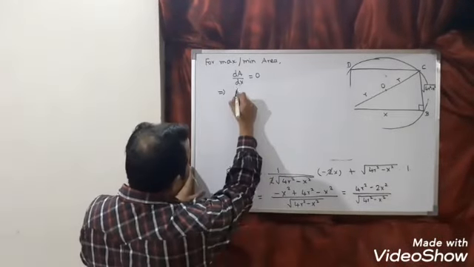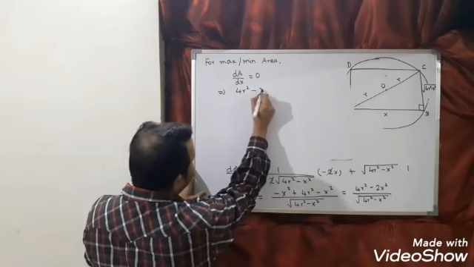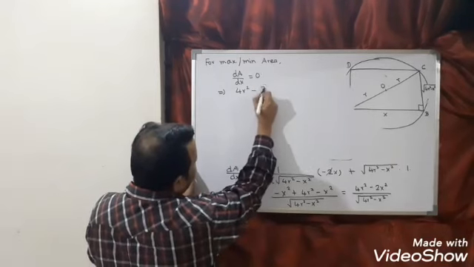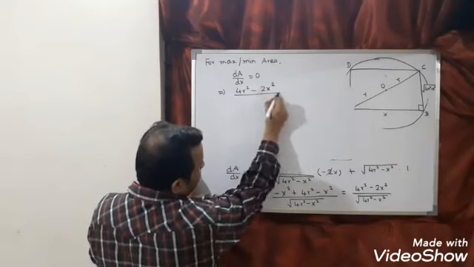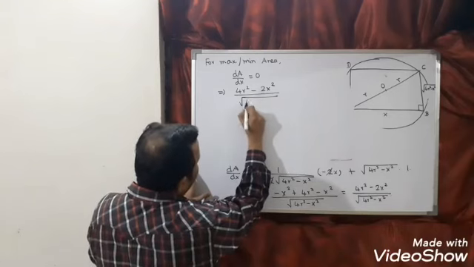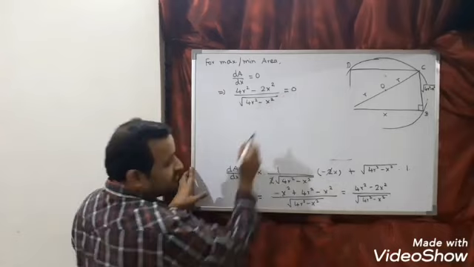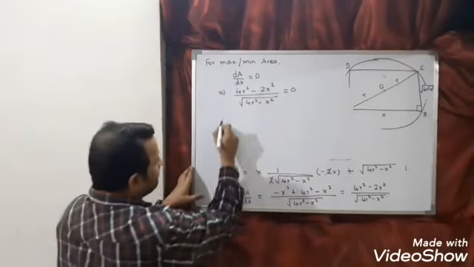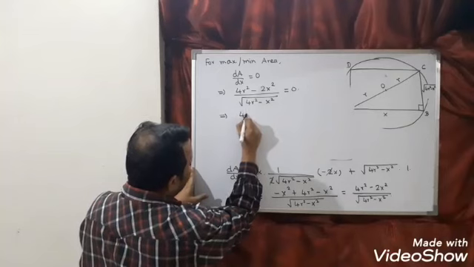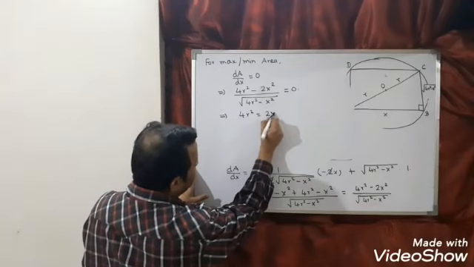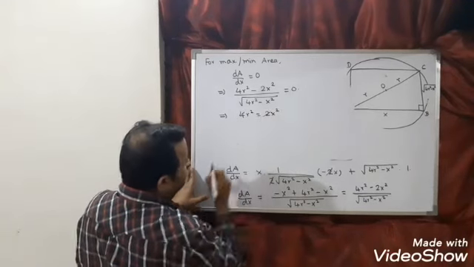This is nothing but 4r square minus 2x square whole divided by square root of 4r square minus x square is equal to 0. So the denominator will go to the other side, it will become 0. So what is left? 4r square is equal to 2x square. Now 2 will get cancelled.